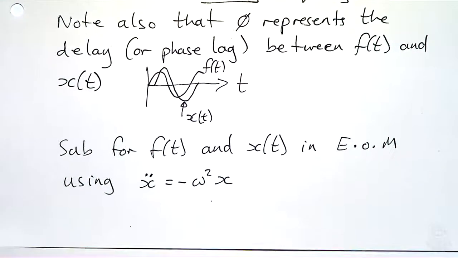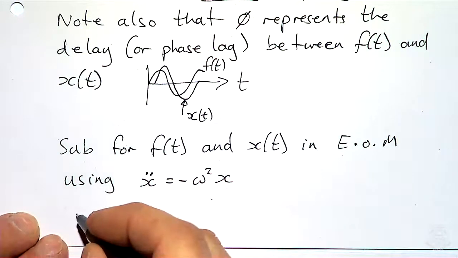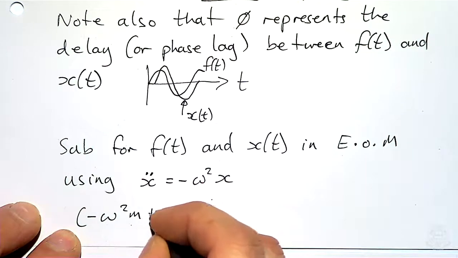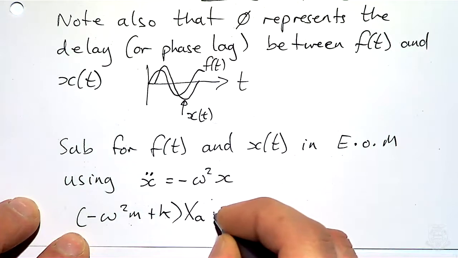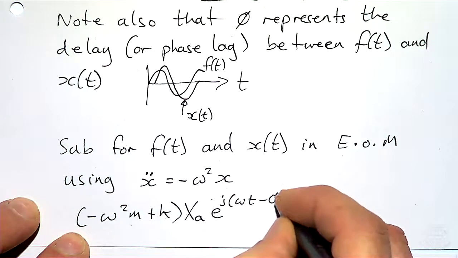So if we do that, let's see what happens. So if we substitute into the equation of motion, what we get is this. We get minus omega squared m plus k, and then there's a bracket, x_A e to the j omega t minus phi.